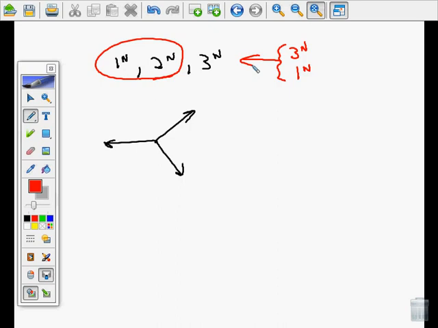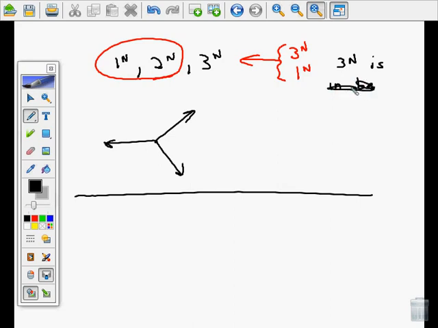For example, if you had 3 newtons right there, it is in between those 2, or included in the boundaries, so it can be in equilibrium.